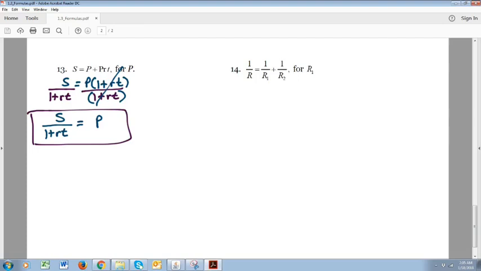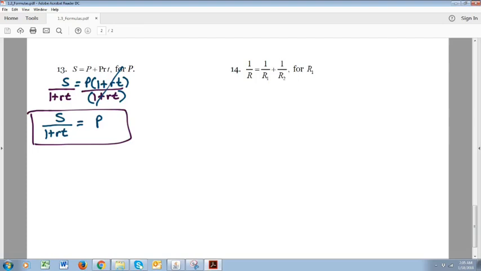Okay, number 14. So here we have 3 different variables in the denominator. R, R sub 1, and R sub 2 are all different. In this formula, for whatever reason, they write these variables using a capital R with subscripts.